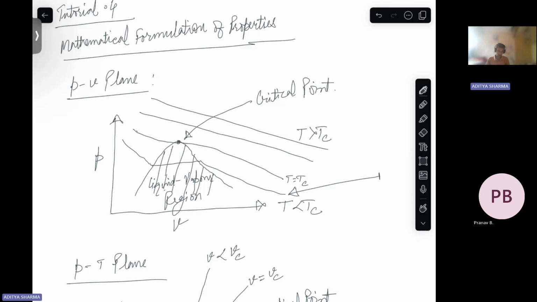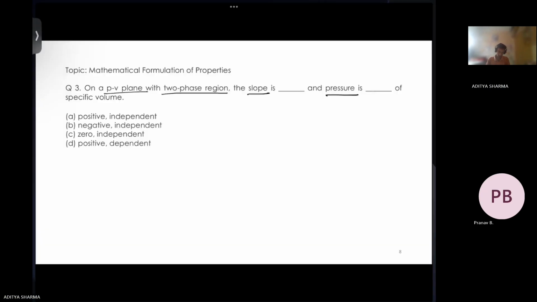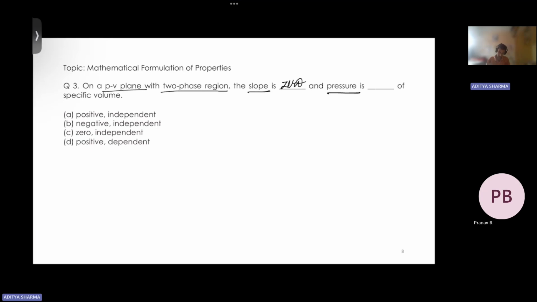Right? And then because it's a flat curve and on y-axis we have pressure, that implies the pressure remains constant for this part of the curve. So the slope will be 0 and the pressure is constant.